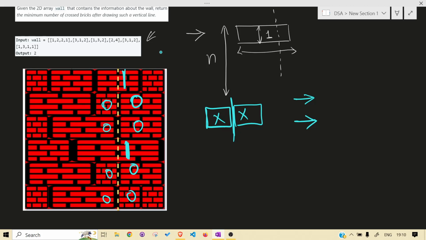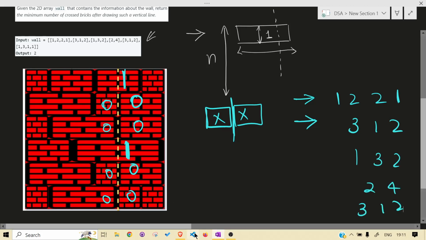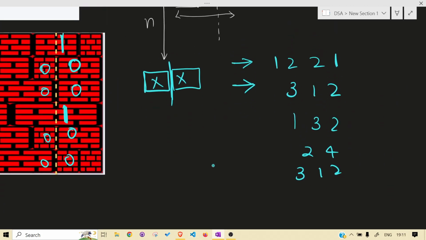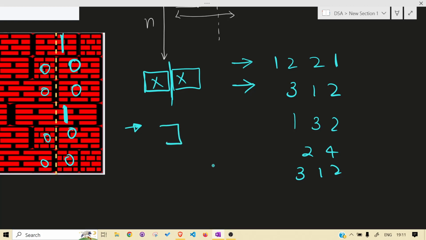You can see, if we write this as 3 1 2 1 3 2 2 4 3 1 2, and make our problem something like that, we are concerned with the joining of two bricks.